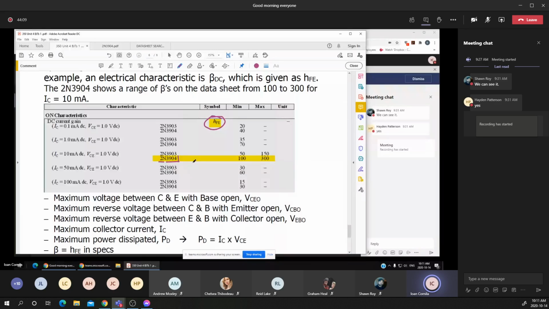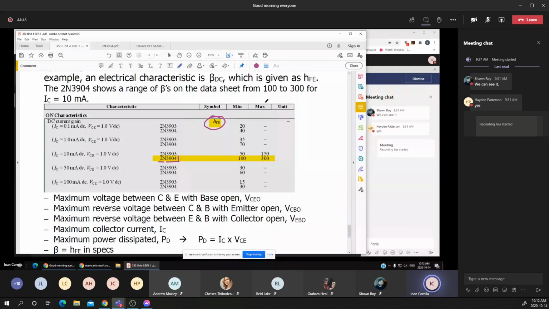And we may see the equivalent PNP transistor as 3906. That's an NPN, and in data sheets from different vendors, it will specify what is the complementary transistor for an NPN or a PNP.